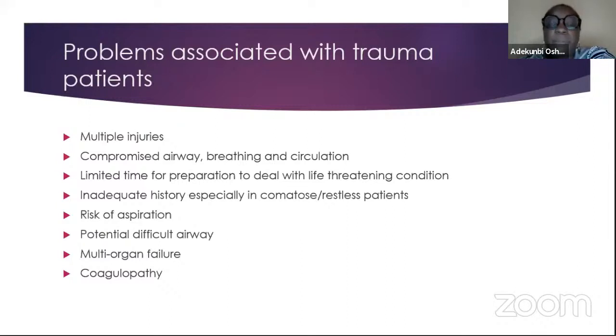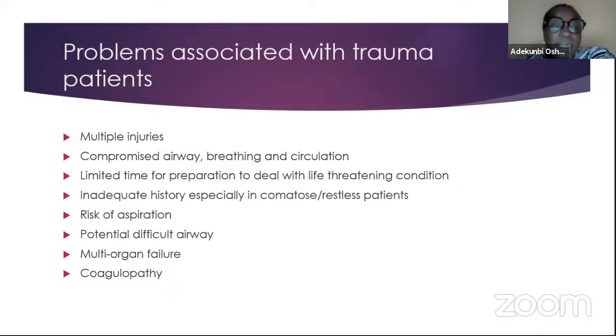Now, there are many problems associated with patients that are polytraumatized. They have multiple injuries. The airway, the breathing, and the circulation are compromised. There's limited time for preparation to deal with their conditions. There's inadequate time to be able to get history. Many of these patients present comatose, combative, breathless, restless, so there's even no time for you to get a history for them. There's a risk of aspiration, especially with decreased consciousness in them.